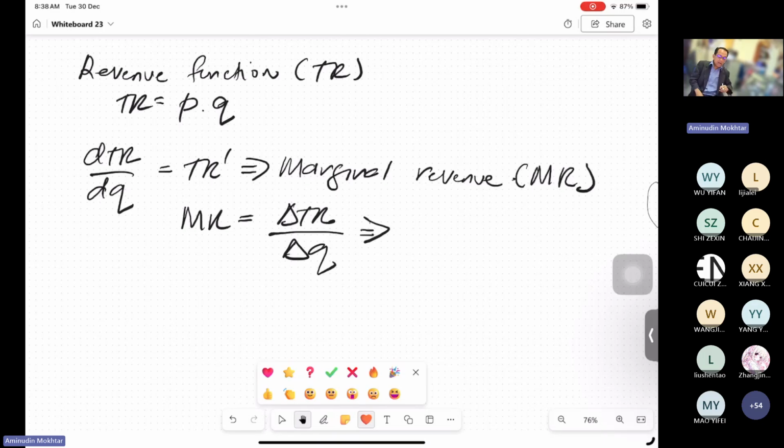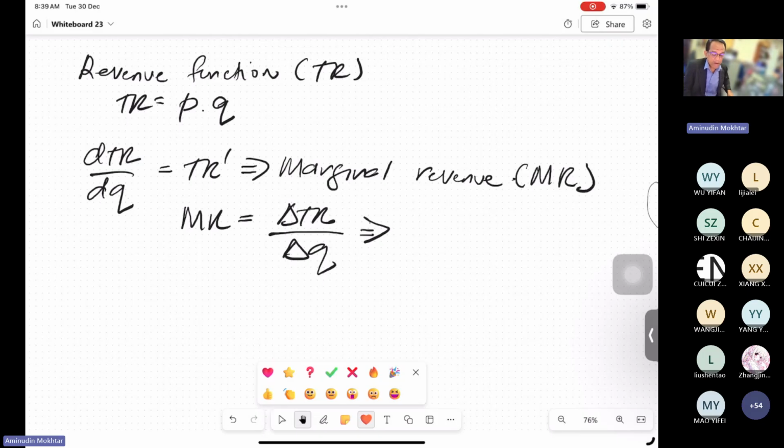This marginal revenue measures what happens to the total revenue when the quantity changes by 1 unit. If a firm increases the quantity by 1 unit, the total revenue will increase by MR units. MR measures the effect of changes in quantity on the change in total revenue.